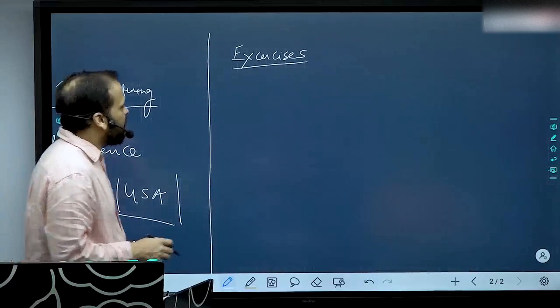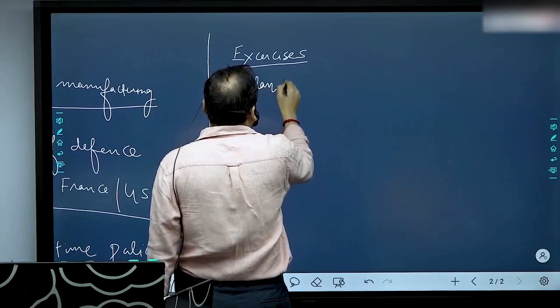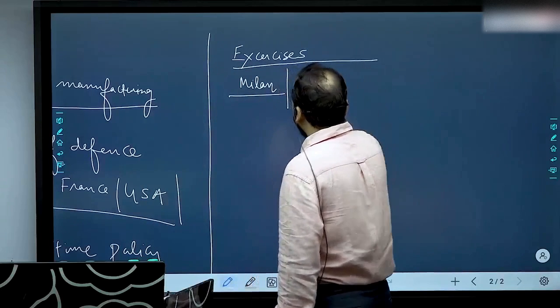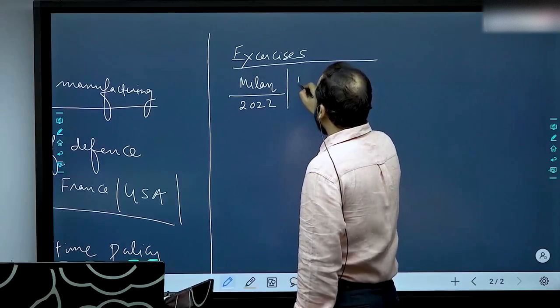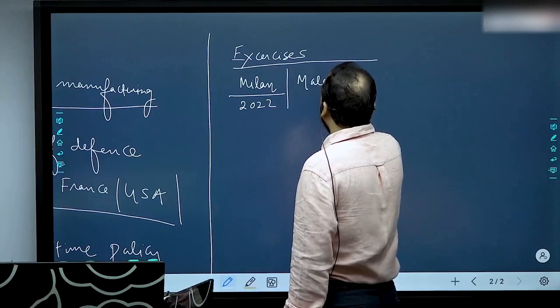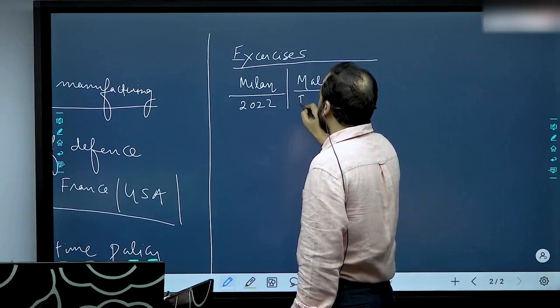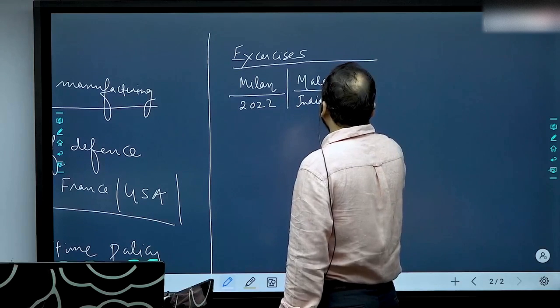Let's see what India is doing. Exercises. So you have examples of an exercise like Milan. It's a multilateral biennial exercise, which happened in 2022, for example. Then you have the exercise called Malabar, which involves India, US and Japan.